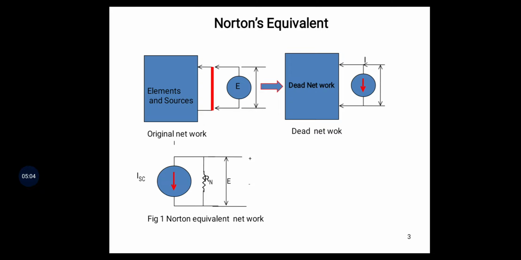Then find R Norton. Then we connect I Norton and R Norton in parallel, and that is called Norton's equivalent circuit. Here IN is equal to the short circuit current, Rn is the resistance of the network viewed through AB, and RL is the load resistance.